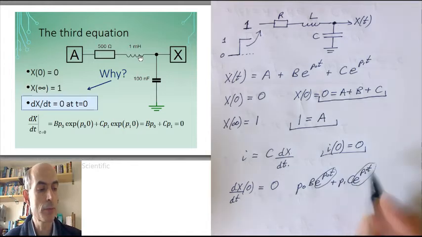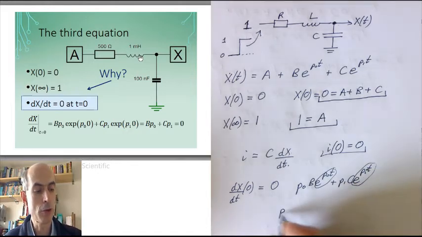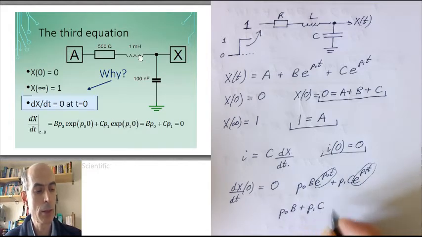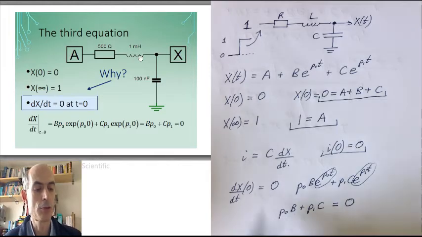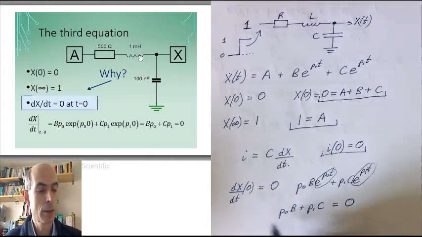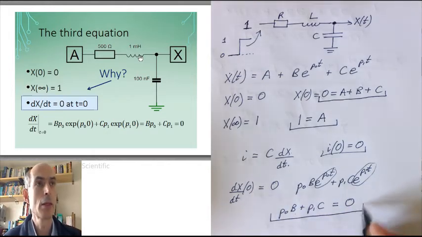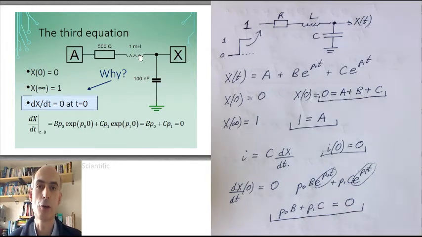This term here is also e to the power of 0, or 1. So I would just end up with P0 b plus P1 c must be equal to 0, because that is dx/dt evaluated at t equals 0. So I now have three simultaneous equations in three unknown constants, a, b, and c.